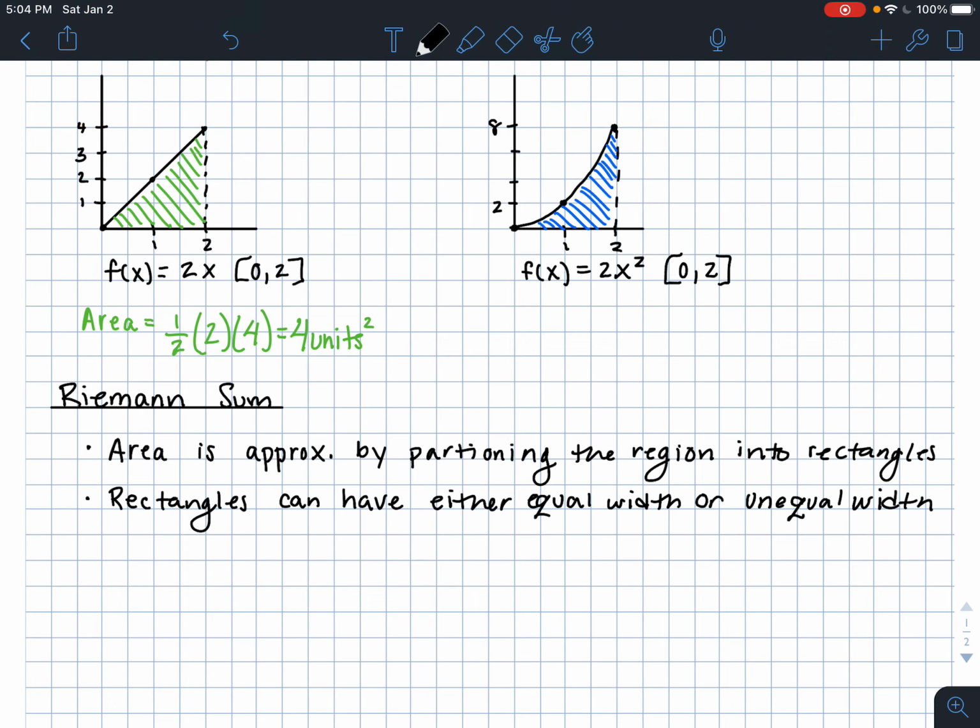So typically in AP calculus, if we give you the actual equation of the function and ask you to create the Riemann sum, it's probably going to be with equal widths or equal partition. But one thing to watch out for is in questions where they give you a table of information, because those will not always be equal width. So you really want to pay attention to the differences between your x coordinates and all of that good stuff.